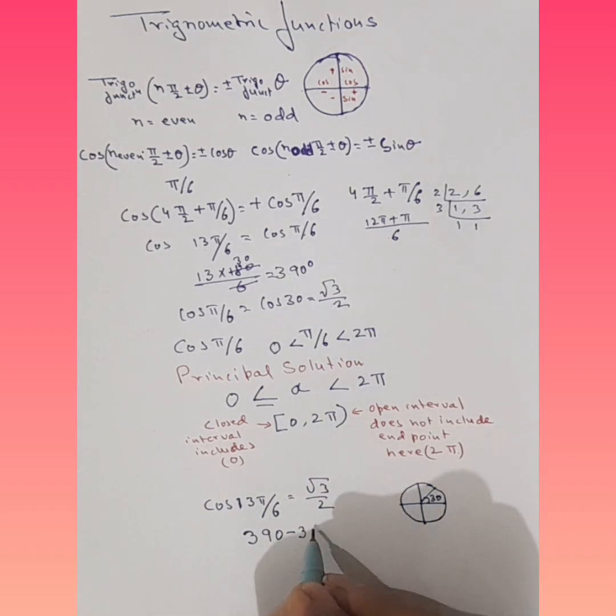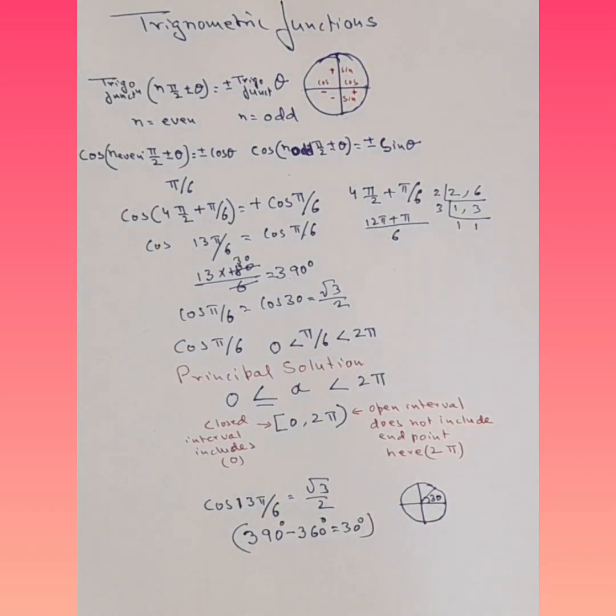So 390 minus 360 is equal to 30 degree. Now what you do is you keep on adding 360 to 390.